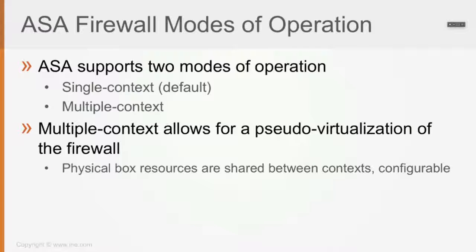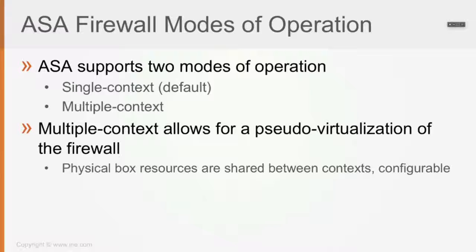Now multiple context is nothing else but is going to allow you for a pseudo virtualization of the firewall. What's going to end up happening is that the physical box, the firewall itself, resources like the CPU, memory, number of NAT entries, number of ACL entries, everything, all of the performance of the firewall is going to be shared.